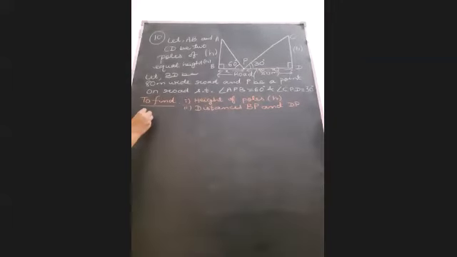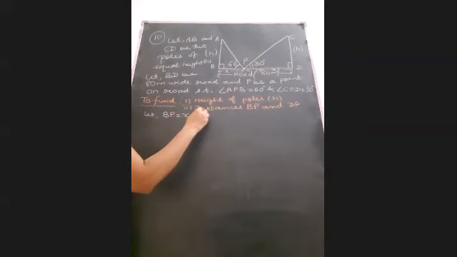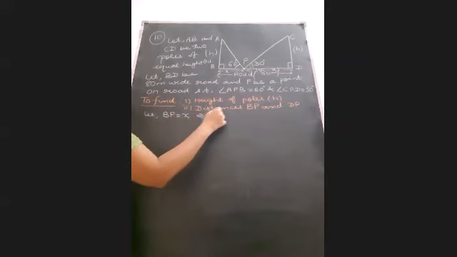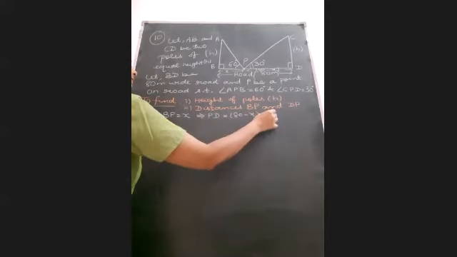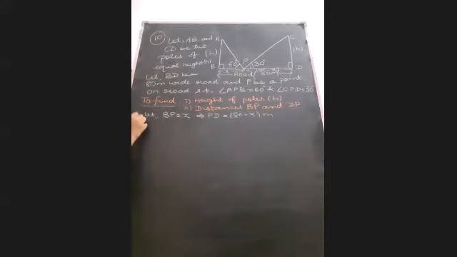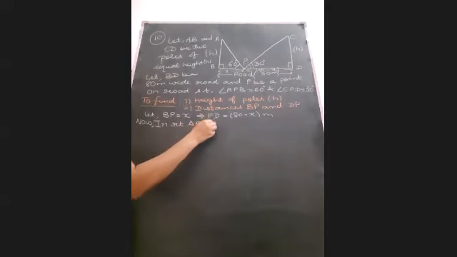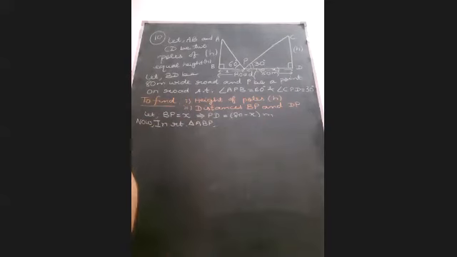So let us now see. Let BP be equal to X. So this implies PD is 80 minus X. Now, in right triangle ABP, what do we have, beta?